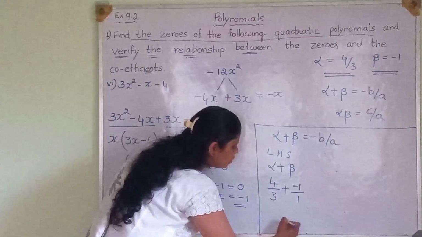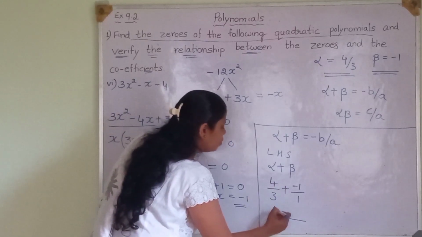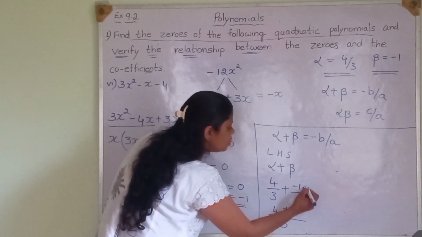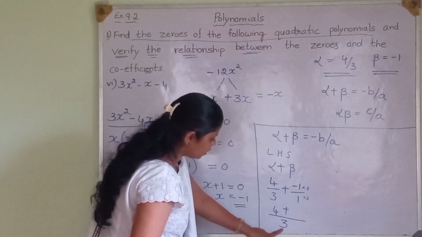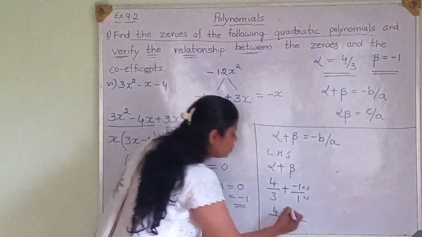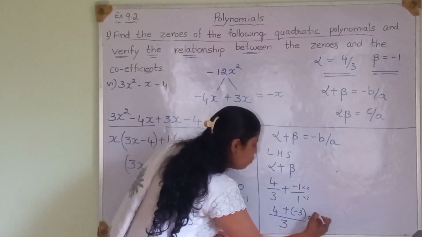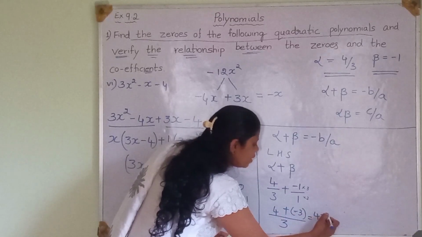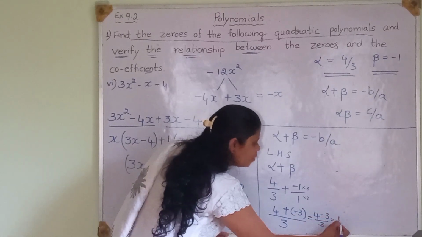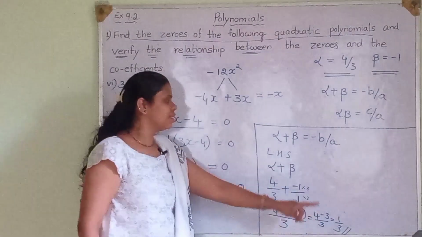The LCM is 3. Therefore, 4 plus 1 into 3, because we are equalizing the denominator. 1 into 3 is 3, already it is here. Minus 1 into 3 is minus 3. Let me take this in the bracket. Then it becomes 4 plus minus 3 divided by 3. 4 minus 3 is 1. So alpha plus beta we get 1 by 3.